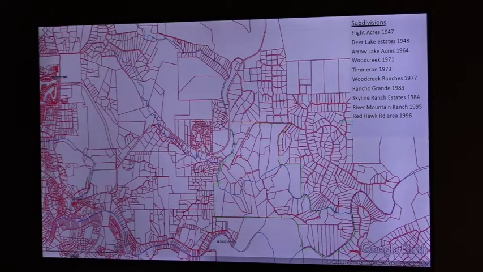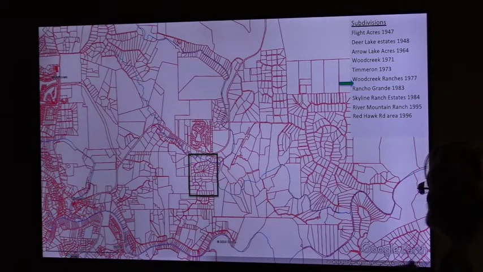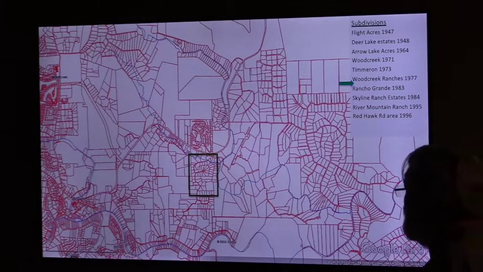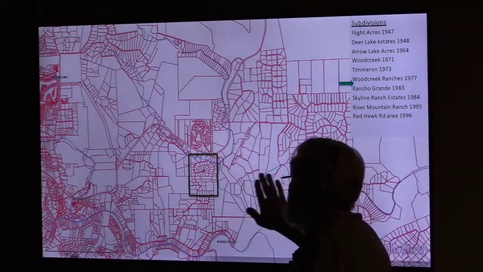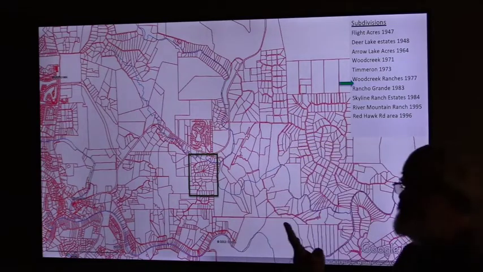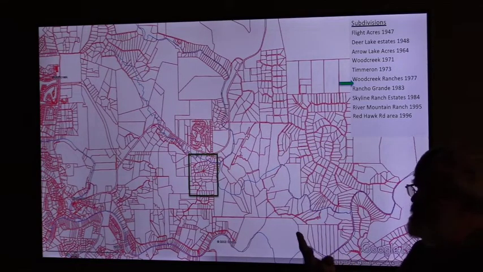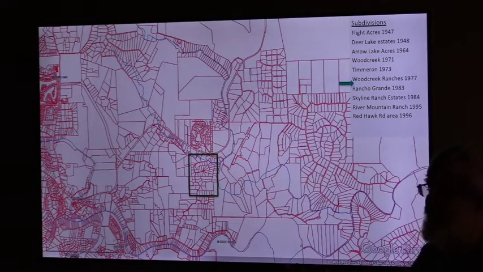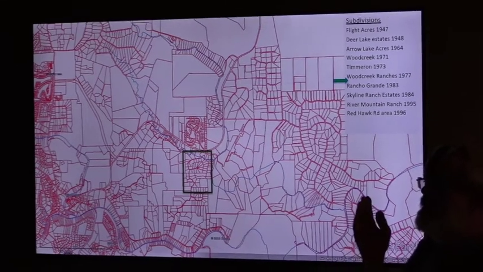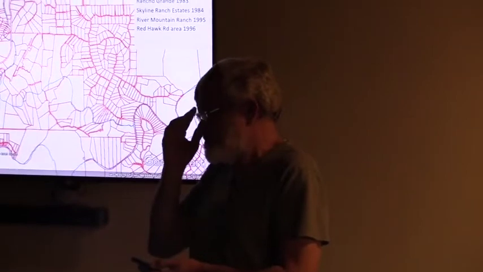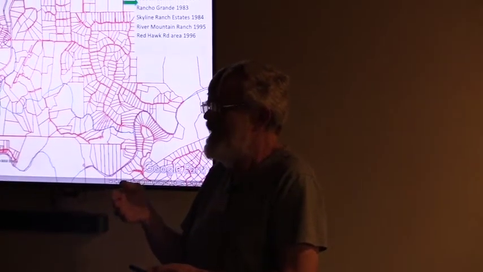Back here, when we were looking at this one, that is Wood Creek Ranches. This part of the Red Hawk area was attempted to be subdivided twice in the 70s. And it failed because of bad luck, having hit things like the oil embargo.